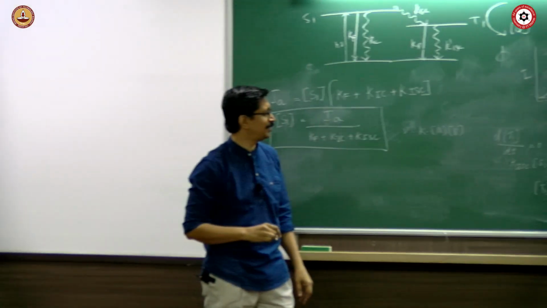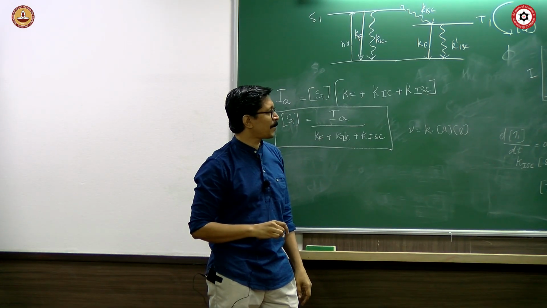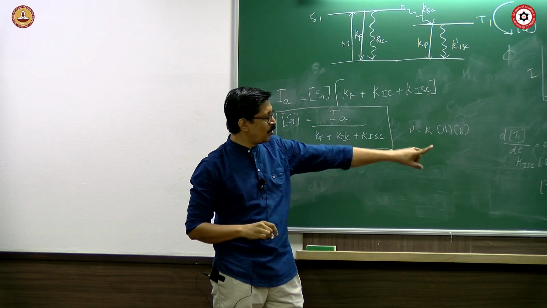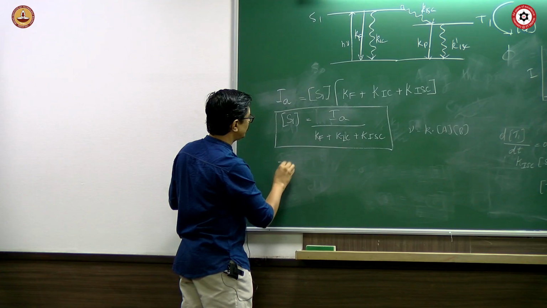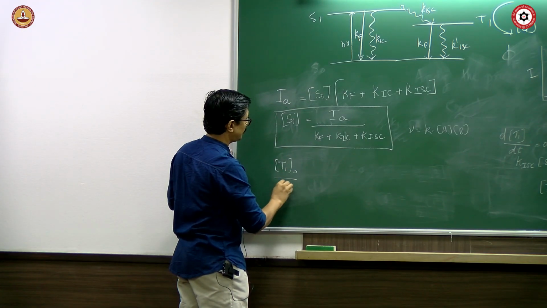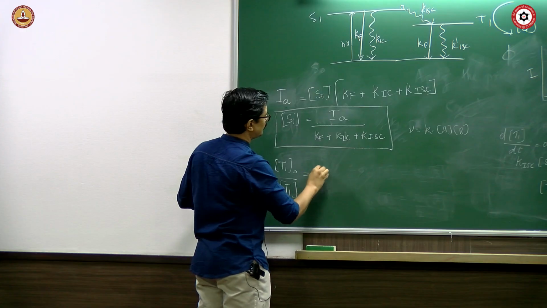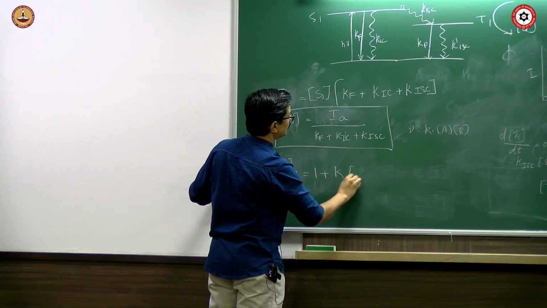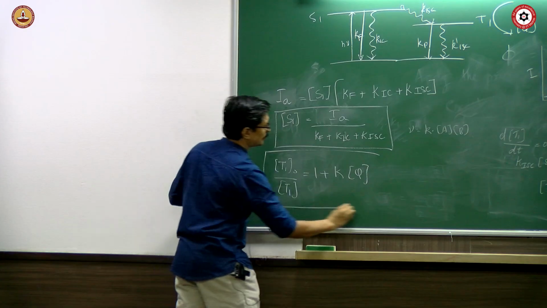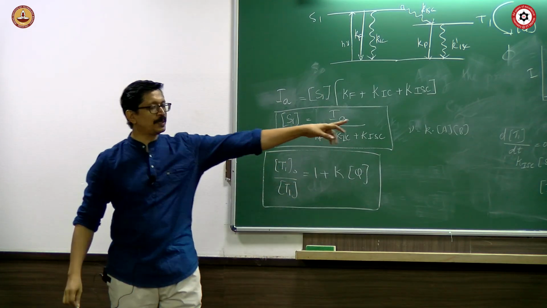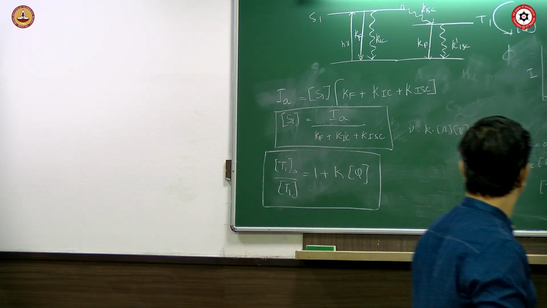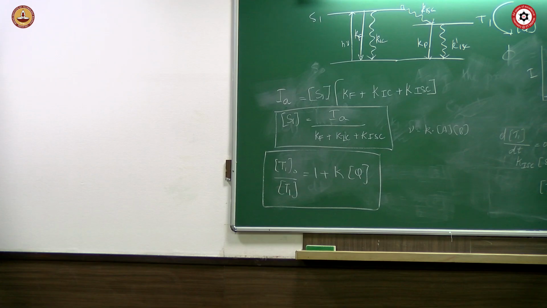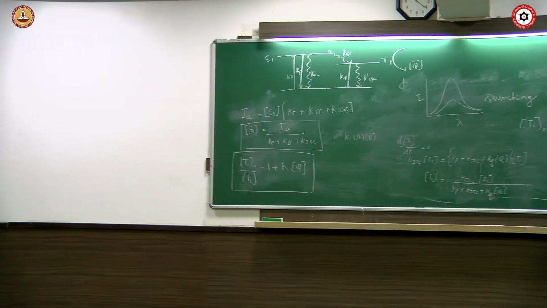Now use T10 and T1, and get this expression from those two equations. T10 by T1. Do some small rearrangement and get that equation.